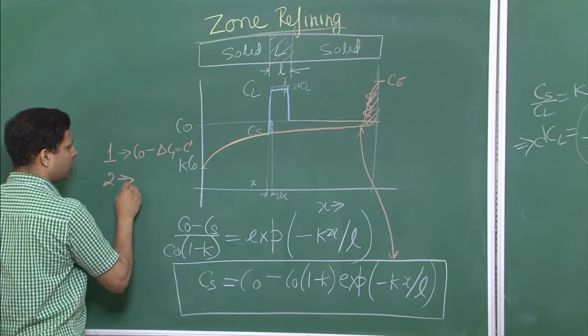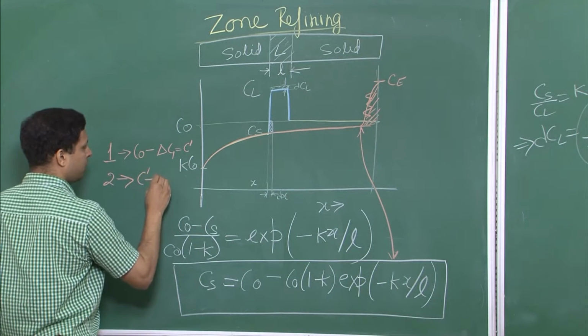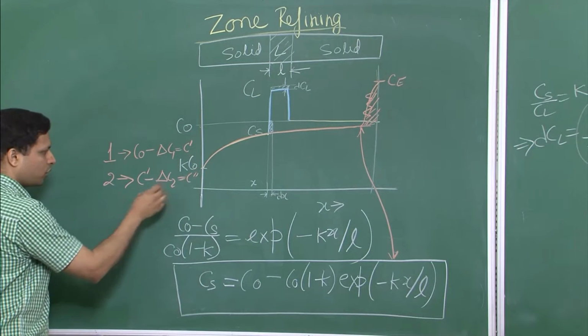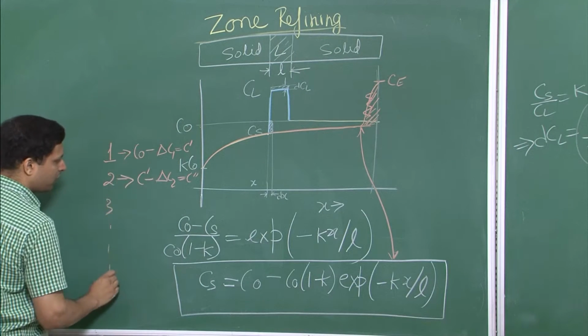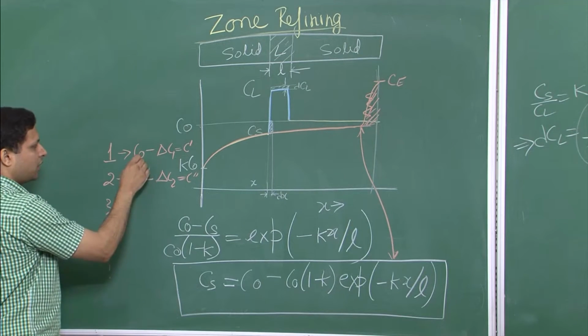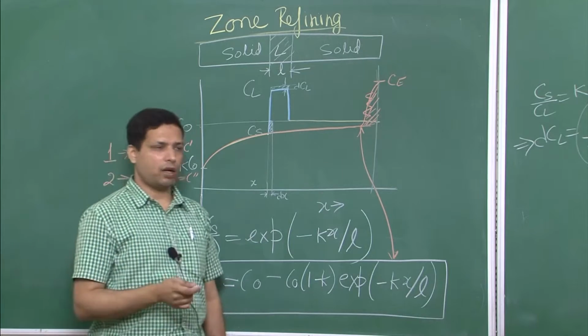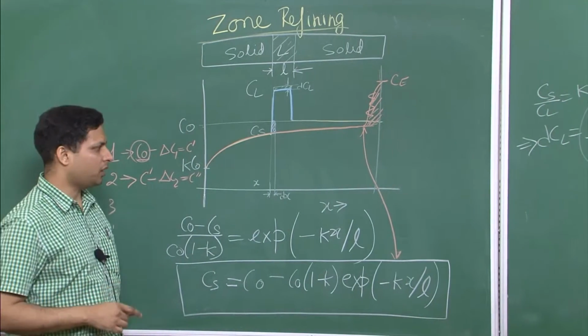Second pass, you may reach C prime minus delta C2 equal to C double prime, and so on. So you see, if you keep increasing the number of passes, your concentration is decreasing far below the C naught value, and this is how you get the refinement or purification of the metal that you are using.